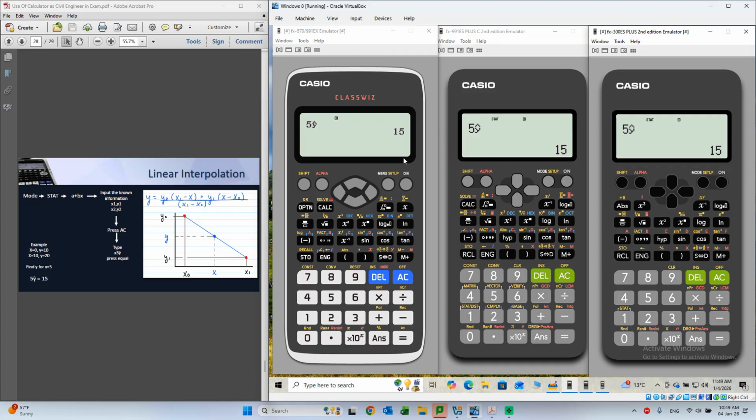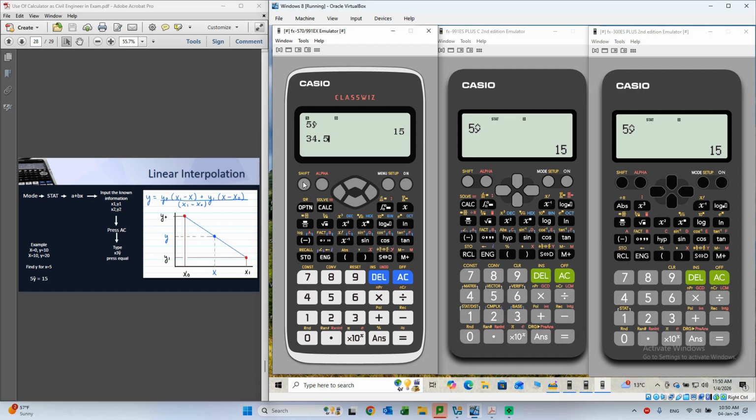This could be done for other types of functions. You choose other functions and input the values, then you come here and do similar steps, and you'll get the interpolation. Remember, this one is in the option here, this type of function. So you type, let's say I want to calculate for x is 34.5.